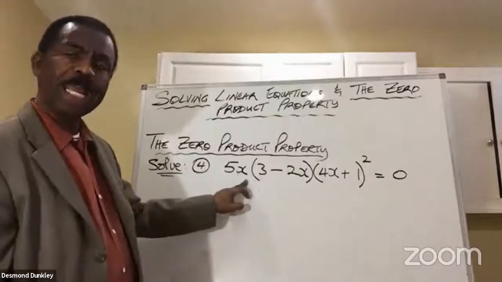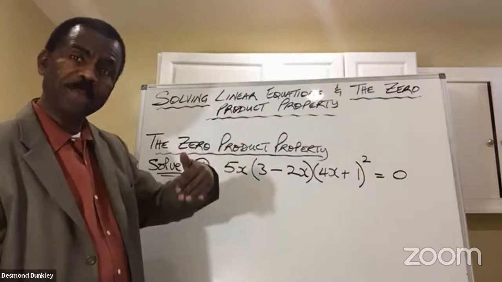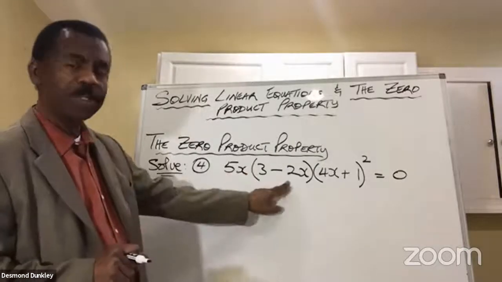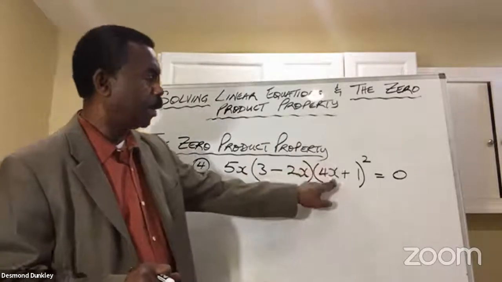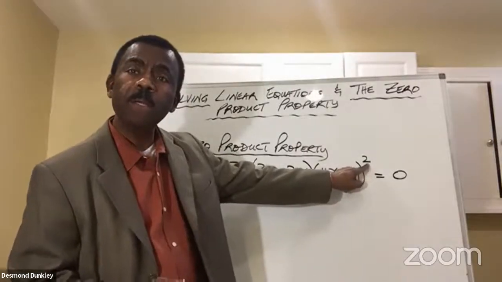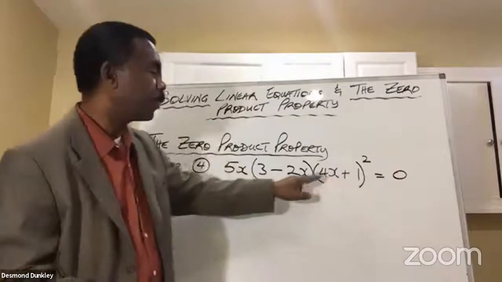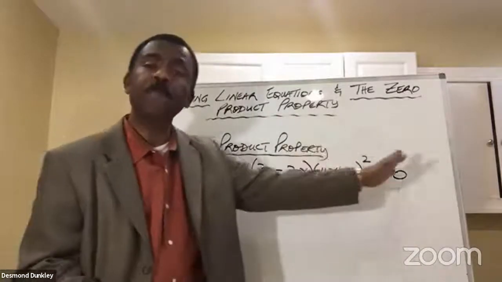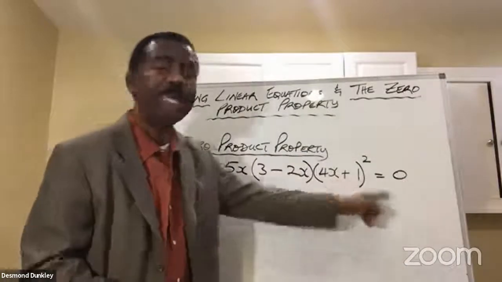But because it has the x, you have to use it. So that's one solution here. Another solution here. But when you come over here, you say, whoa, you see the square. What does the square mean? The square means it's 4x plus 1 times 4x plus 1. So it is duplicated.